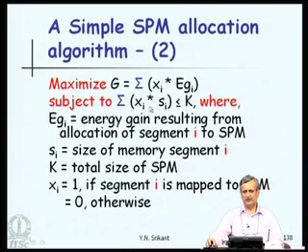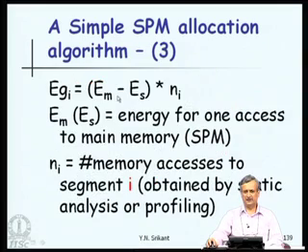For those segments mapped to the scratch pad memory, we sum up their sizes, and that should be less than or equal to K, the total size of the SPM. For those mapped to the SPM, we also look at the energy gain and compute the sum, that is the sigma we are computing. So, this G must be maximized.